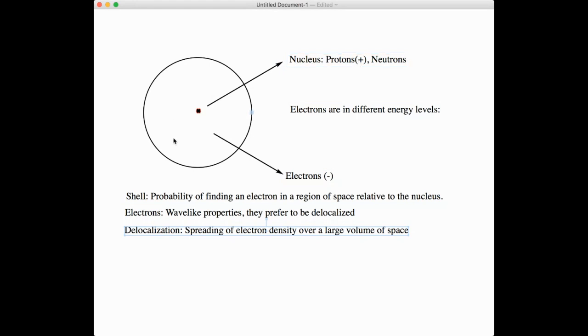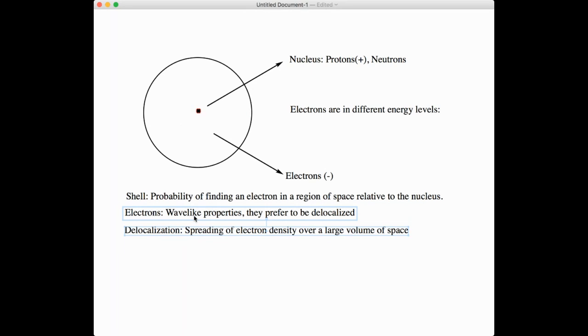Second thing that plays a role in the size of an atom is the repulsion between electrons. They are negatively charged, so obviously there's going to be repulsion between this negative charge.